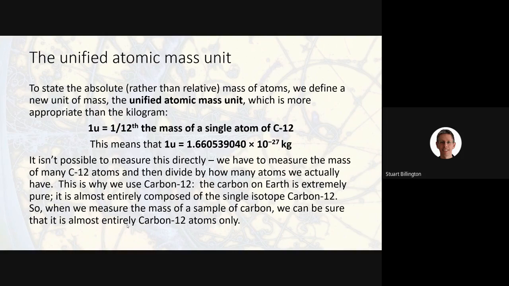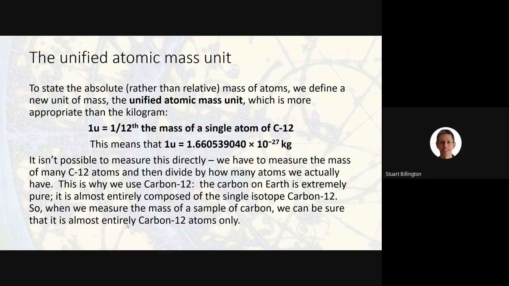Okay, so that's a number you need to fix as useful in your heads, 10 to the minus 27. The reason we don't ask you to memorize it is because you will regularly require all of those decimal places when you're doing calculations. You can't round these things off because the numbers are so small, the differences matter.